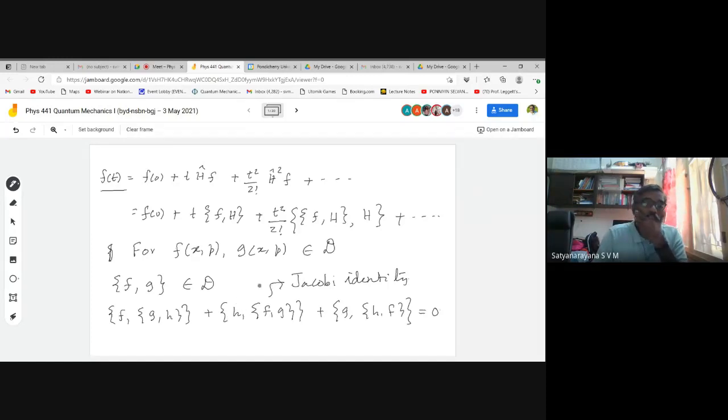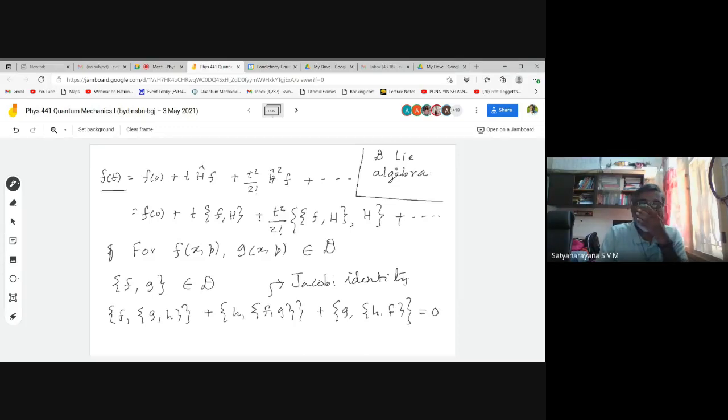Okay, now the vector space of functions where a binary operation, a bracket like Poisson bracket, can be defined which satisfies this Jacobi identity, then we say that this structure D is actually called a Lie algebra.